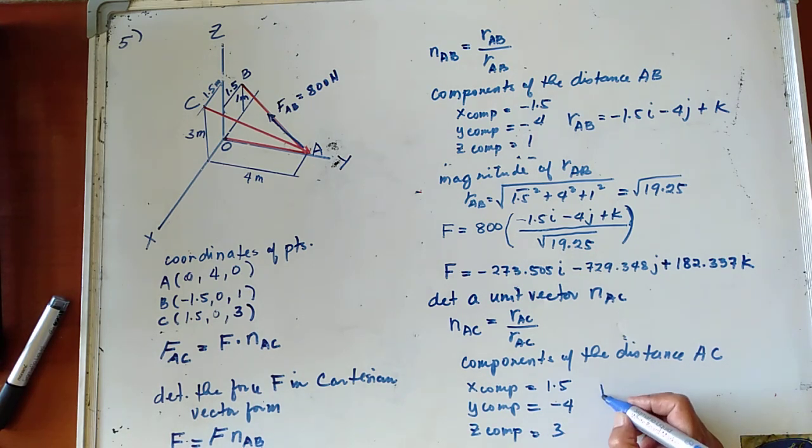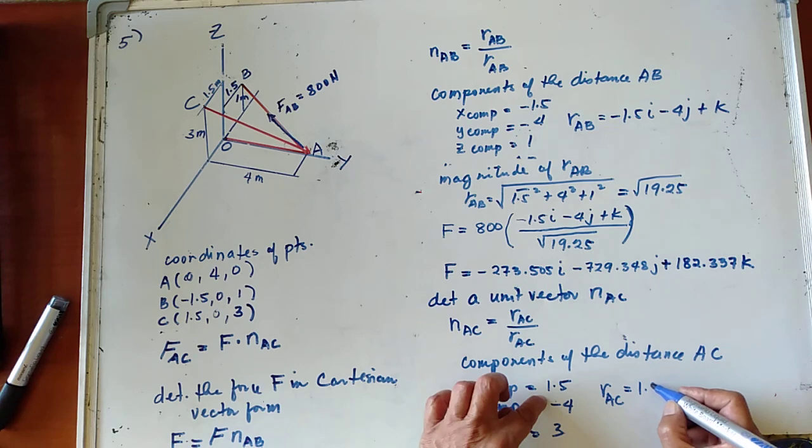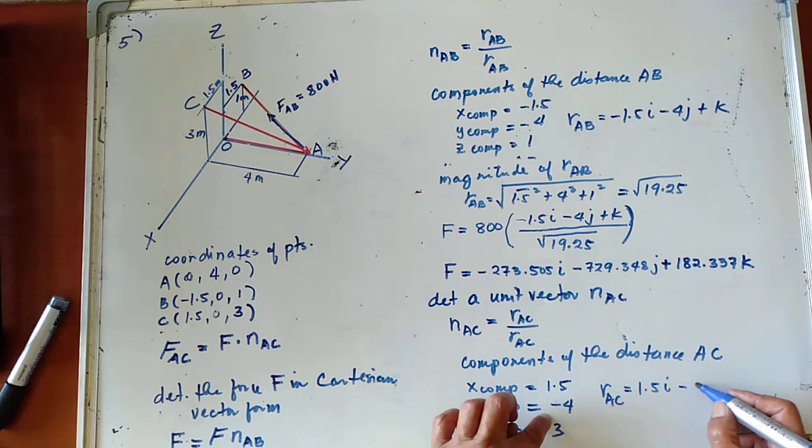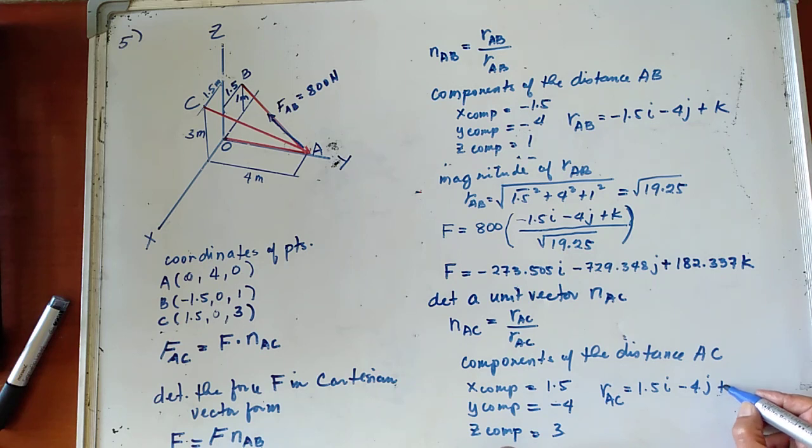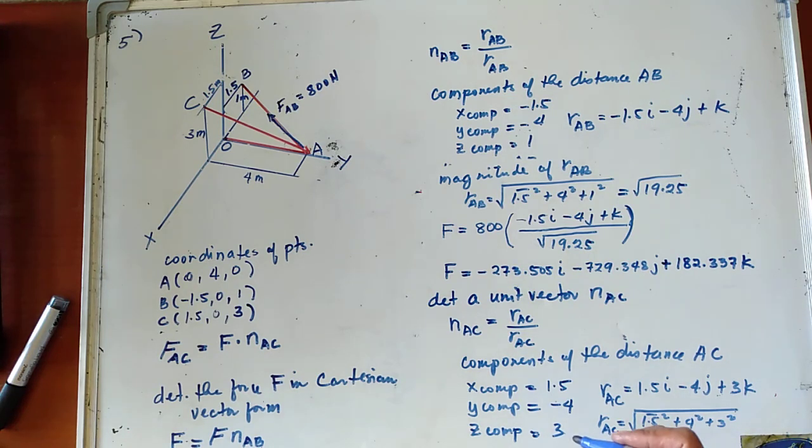So r_AC is equal to 1.5i minus 4j plus 3k. The magnitude of r_AC is the square root of 1.5 squared plus 4 squared plus 3 squared, which is equal to 5.22.